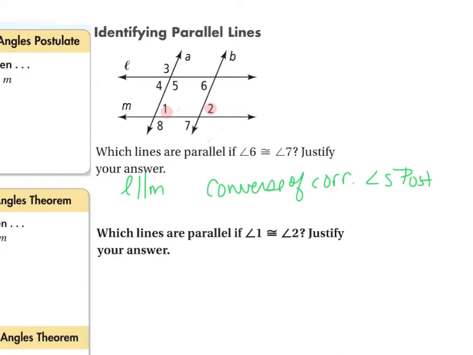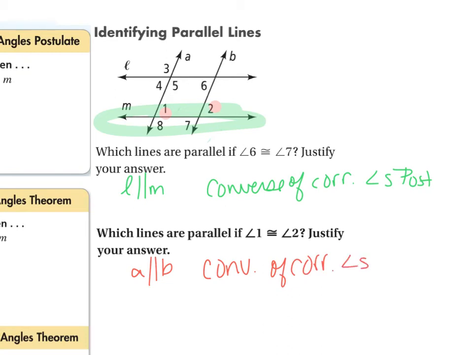Well, the transversal is M. So we're talking about this section right here, angles 1 and 2. They are also corresponding. So that would mean that line A is parallel to line B. And again, it's the same reason as the last one, the converse of the corresponding angles postulate.